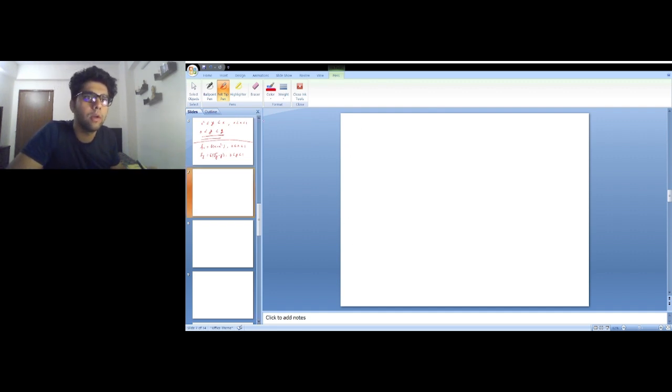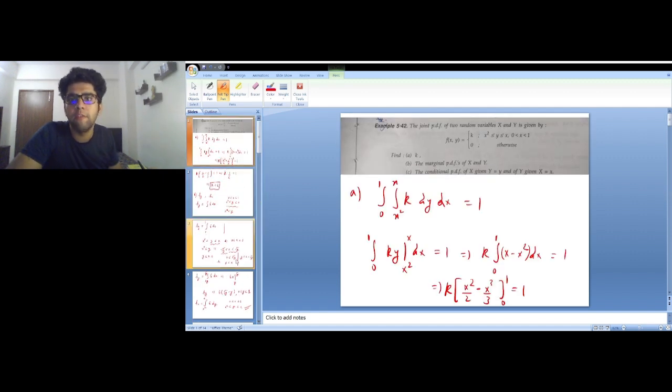Right, so our third part now says that we need to find the conditional PDF of x given y and y given x, right?